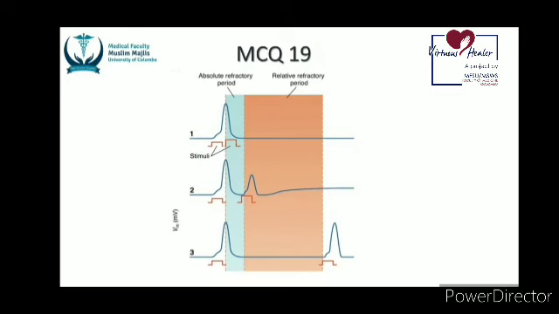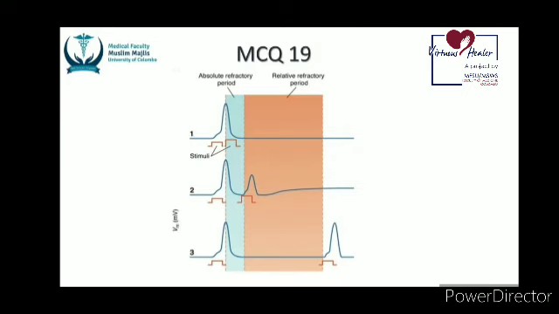Now there are 2 types of refractory periods, absolute refractory period and the relative refractory period. During the absolute refractory period, action potential will not be produced no matter how strong the stimulus is. But during relative refractory period, only the stimuli with very high intensities can produce an action potential.